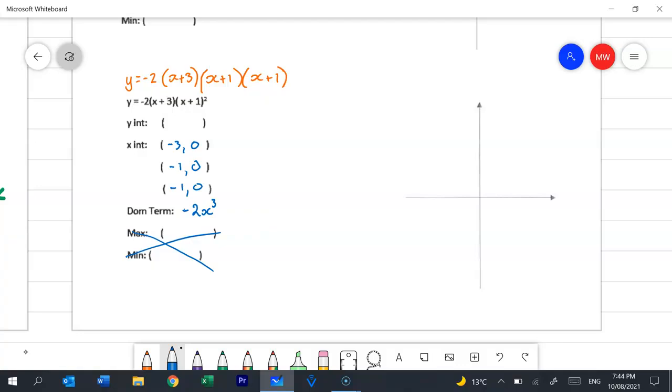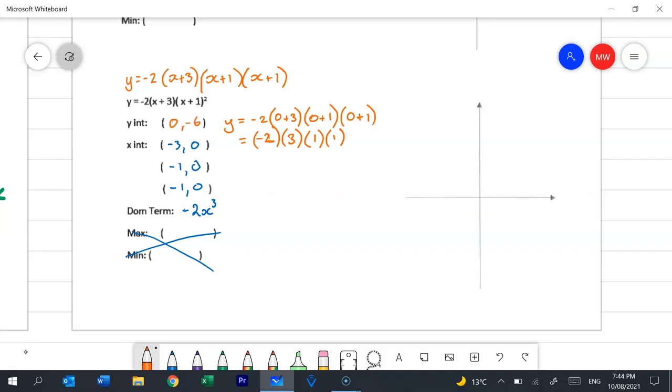And then for our y-intercept, we're going to say when x is nothing, y will be equal to minus 2 times nothing plus 3, nothing plus 1, nothing plus 1, or minus 2 times 3 times 1 times 1, which will give us minus 6.